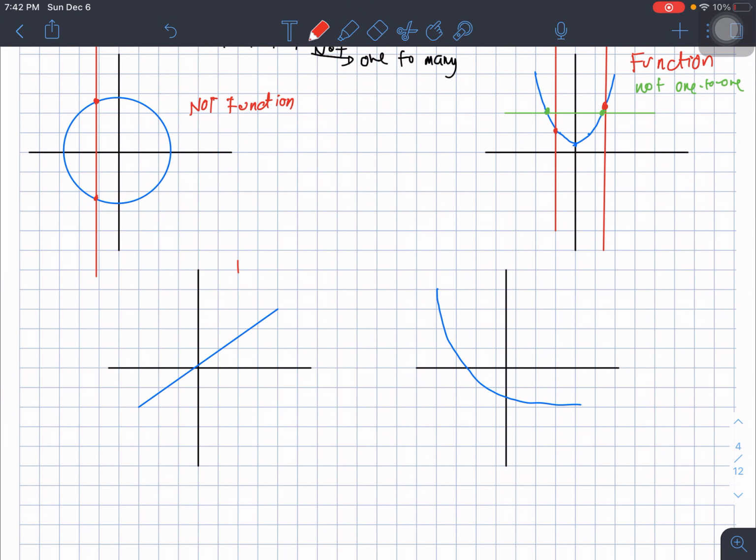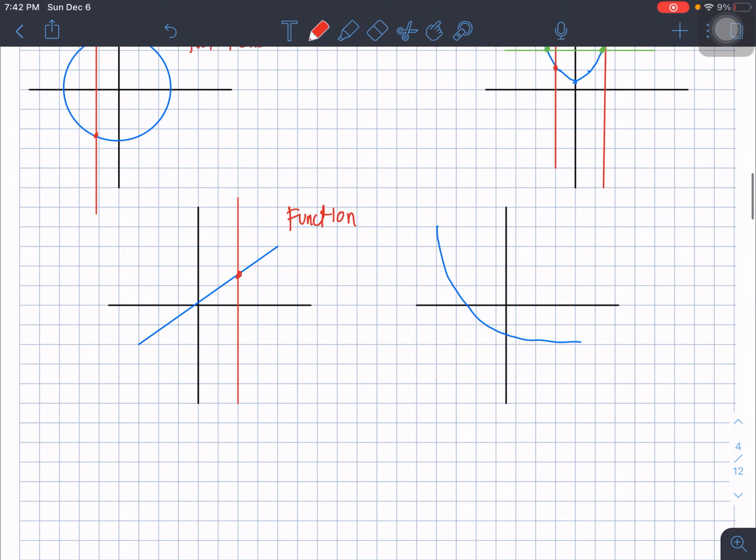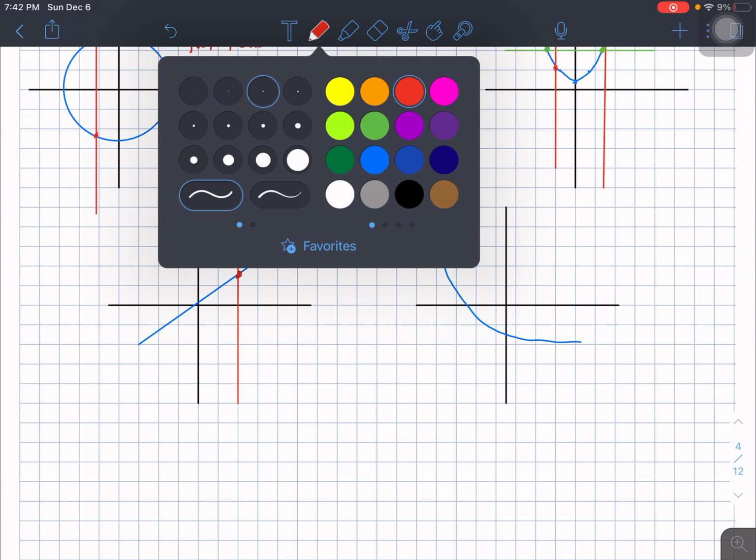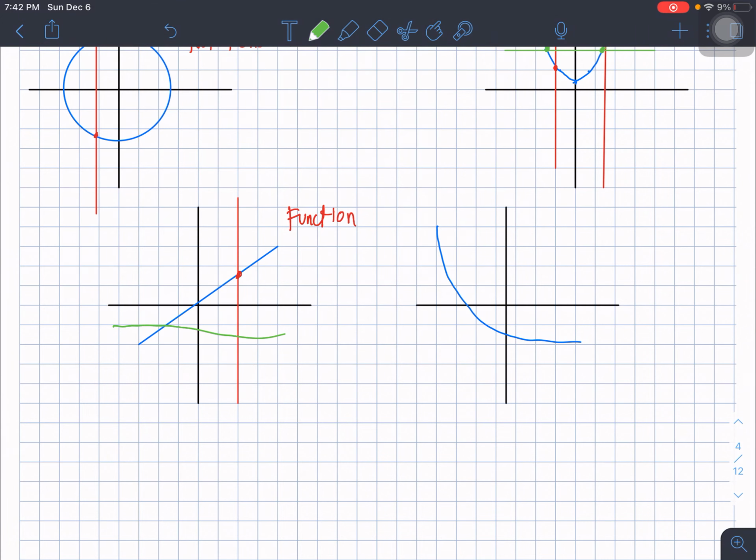I draw a vertical line. This passes only one point, then this is a function. I draw a horizontal line, any point of the graph will do. So I decided to draw it here, and it only passes at one point. Then this is one-to-one.